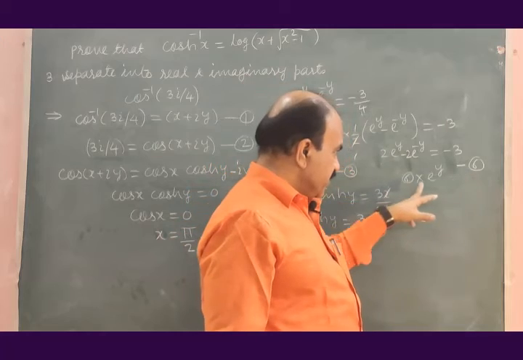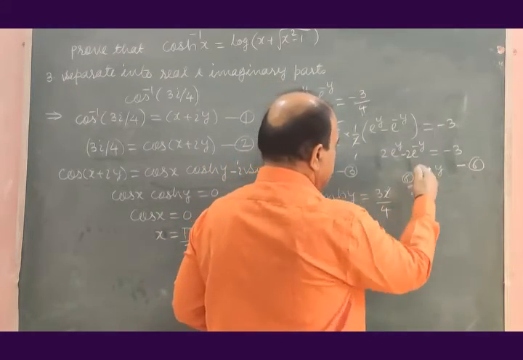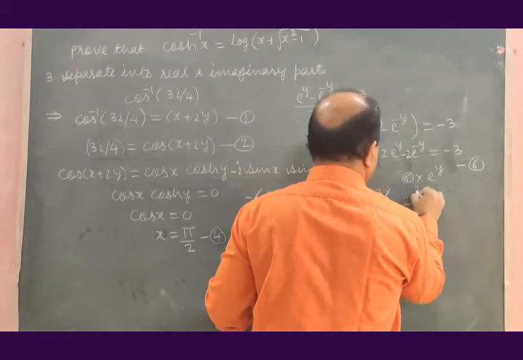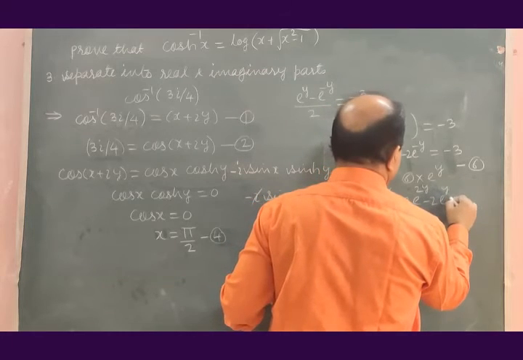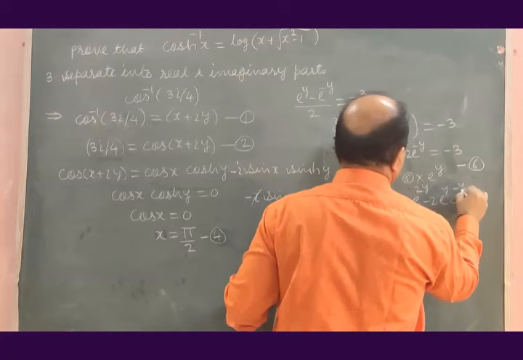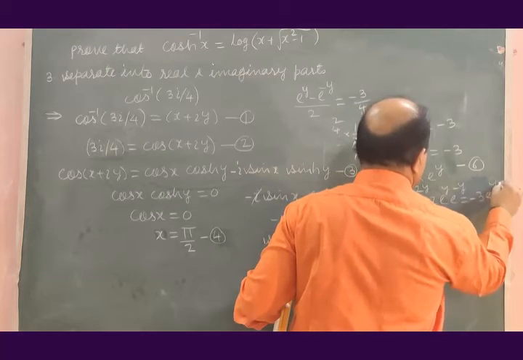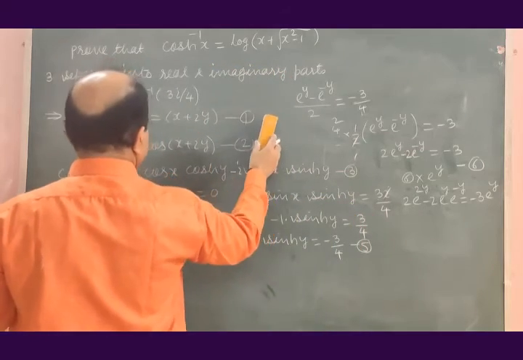If equation 6 is multiplied on both sides by e to the power y, this will further become 2 e to the power 2y minus 2 e to the power y into e to the power minus y is equal to minus 3 e to the power y.